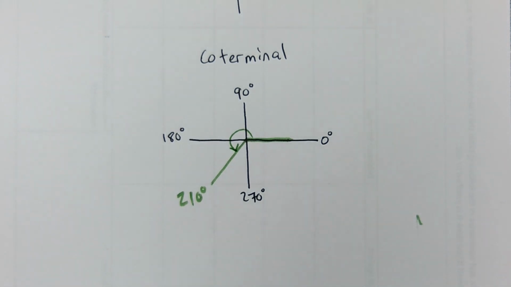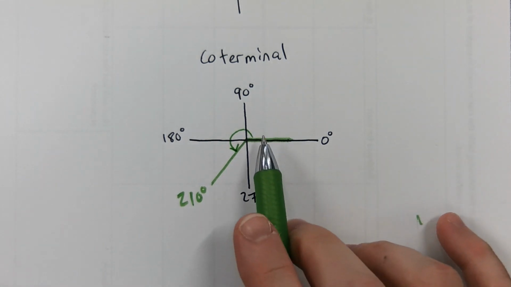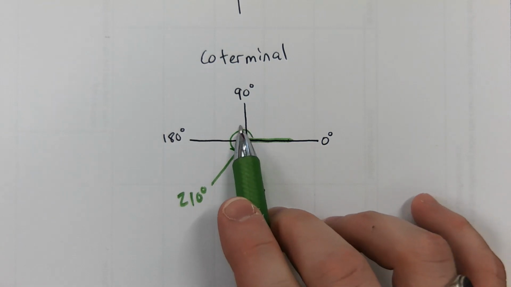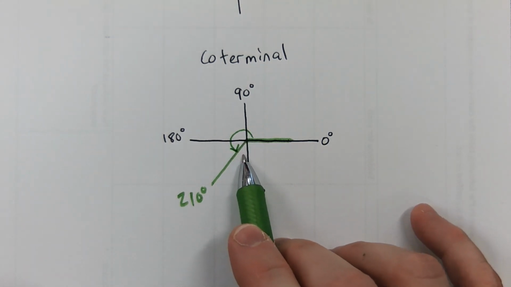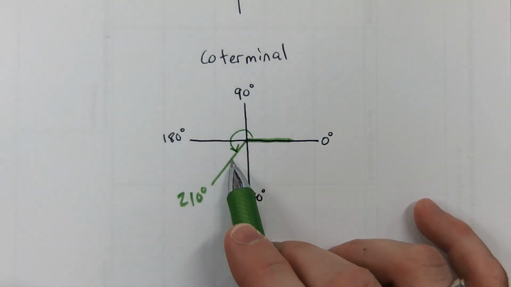If I said, give me another positive angle that is coterminal to 210 degrees, it would be the same as starting here, going here, and then turning another full circle, whee, like that.